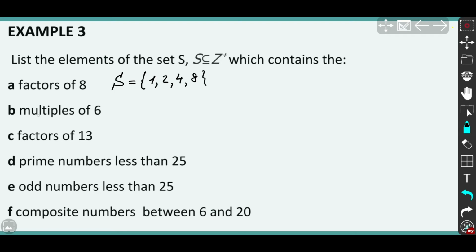Next one, multiples of 6. In this case, we need to put the following, starting from 6. A multiple is a number that is divisible by the number which is given here. So 6, and every time just add 6. So it's going to be 12, the next is 18, then 24, and so on. Is it limited? Is it infinite or finite?